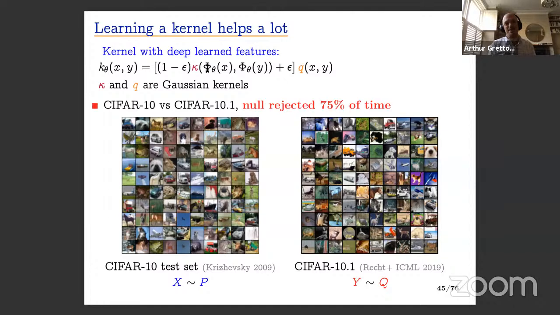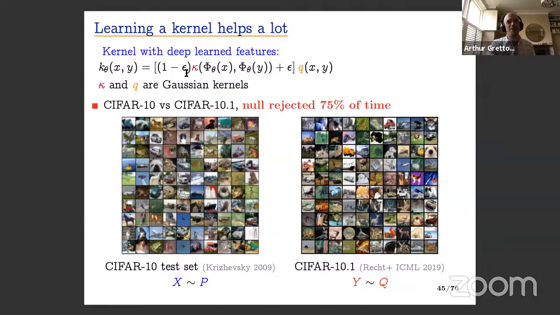But nonetheless, the space of images that CIFAR 10.1 is drawn from has shifted over time. I think they got their data from Flickr, and over 10 years, the distribution of Flickr images has changed in very subtle ways.